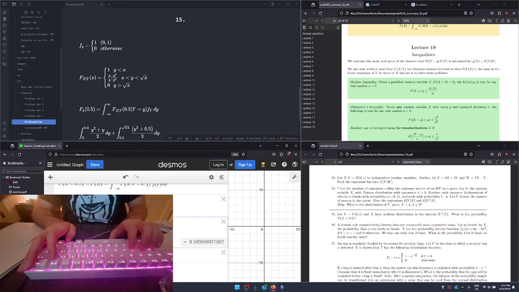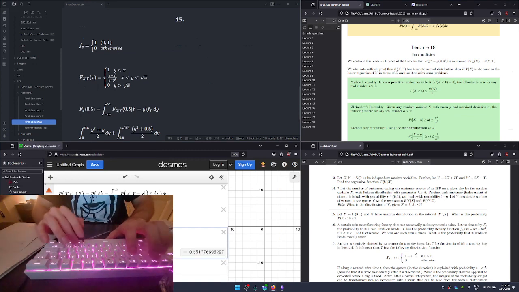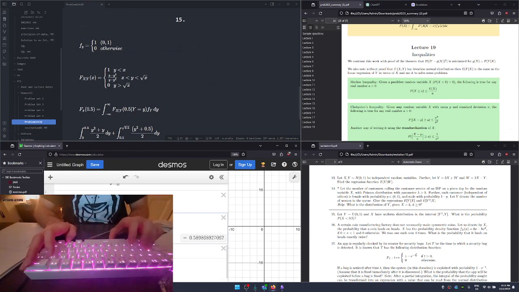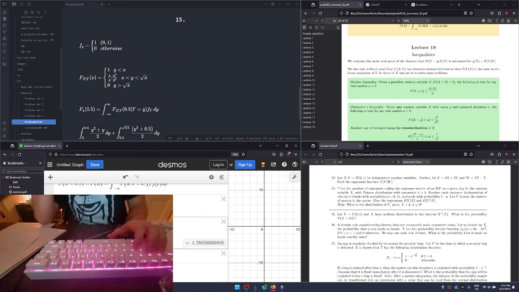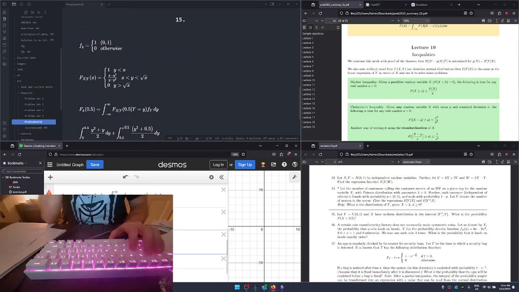And then you have from 0.5 to the square root of 0.5, y minus y squared, and then greater than 0, so plus the integral from the square root of 0.5.